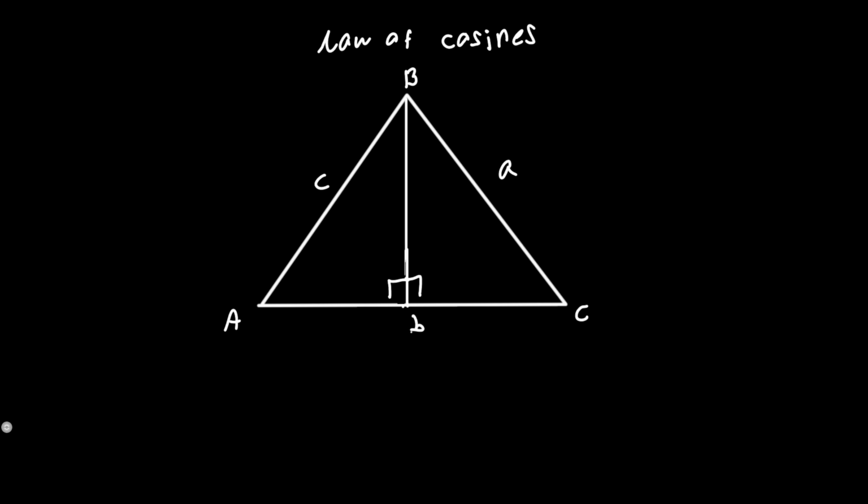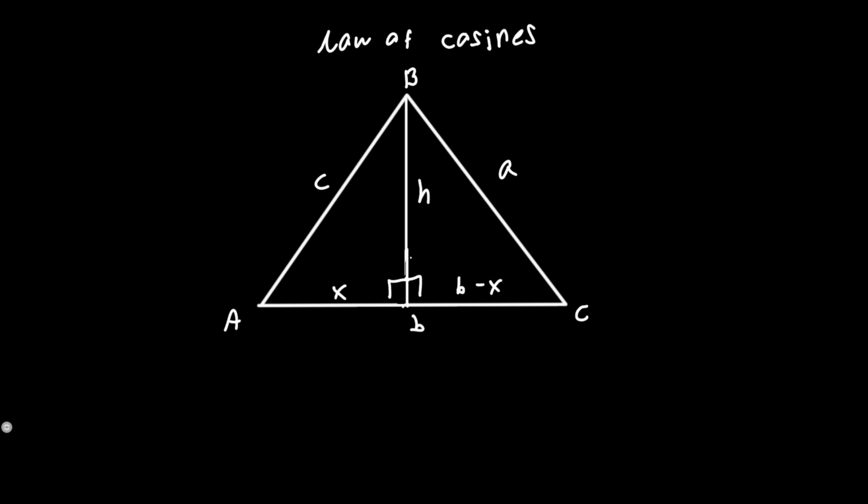And here we are going to have, again, h, and this length right here, we're going to ignore, well, we're not going to ignore b. Let's say this length is x, and this is b minus x.